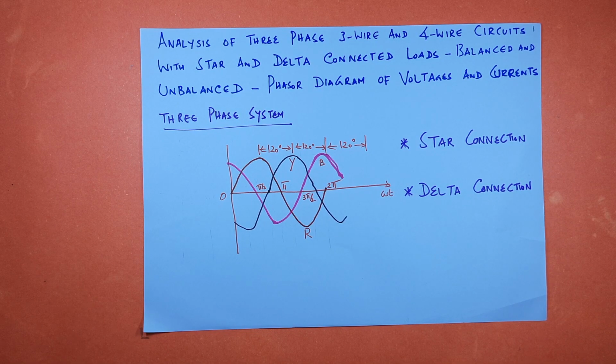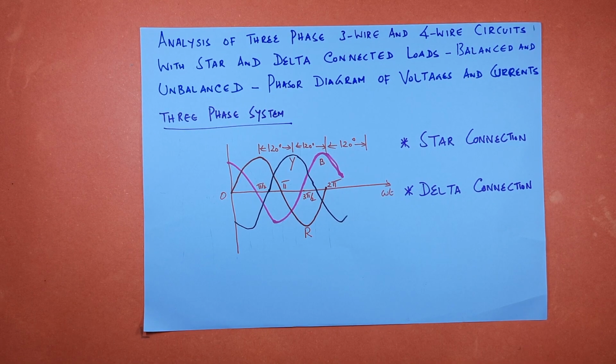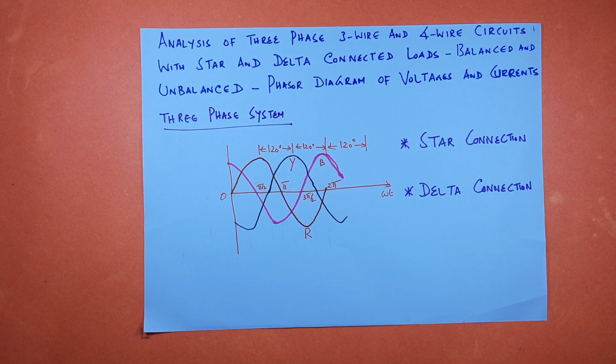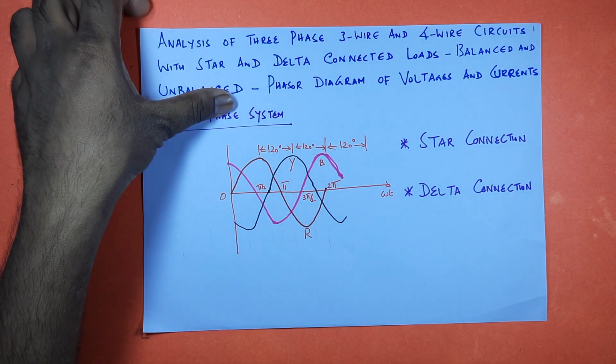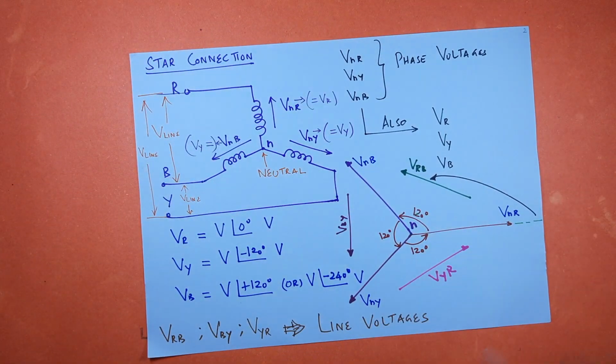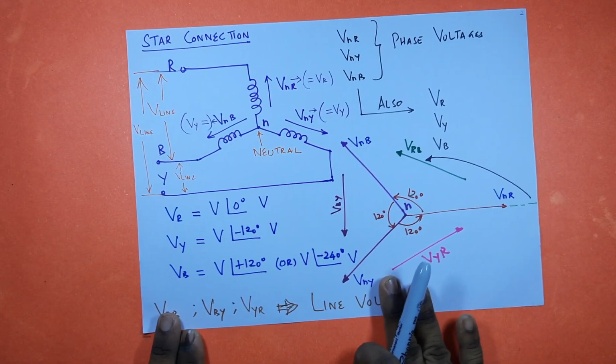Balanced means we have three-phase load. If these three-phase impedances are equal, then it is a balanced system. Suppose if three-phase impedances are not equal, then it is going to be unbalanced load.